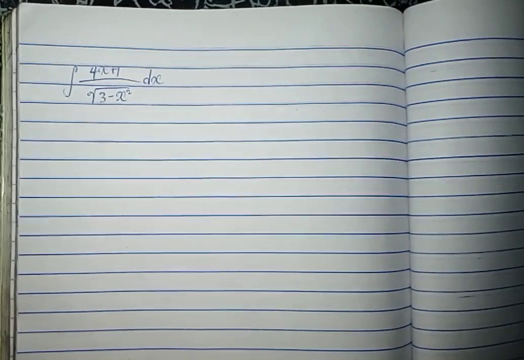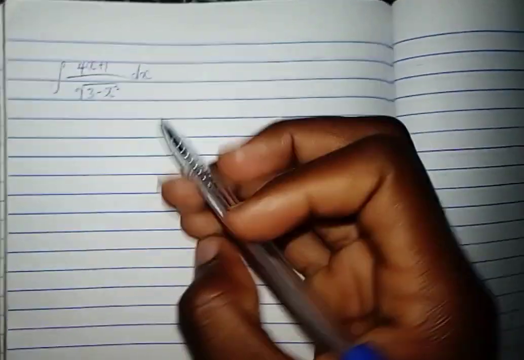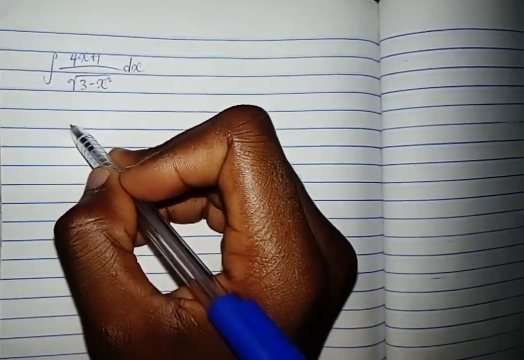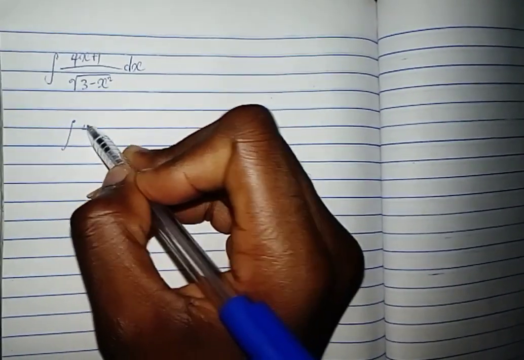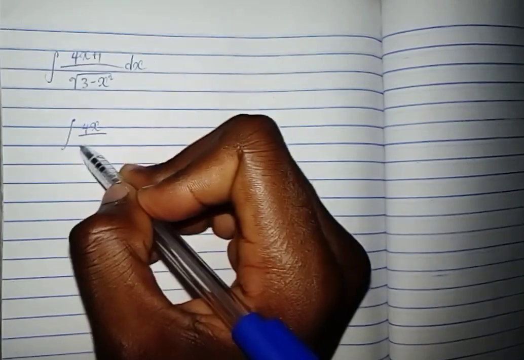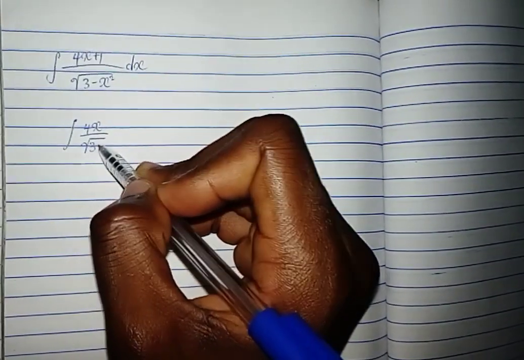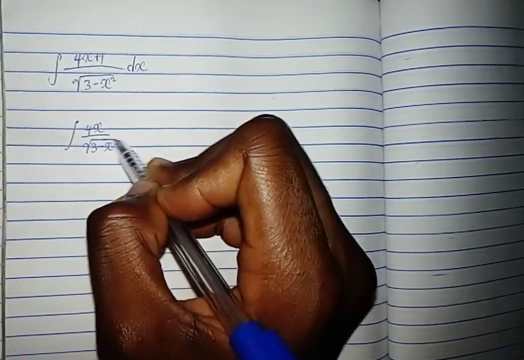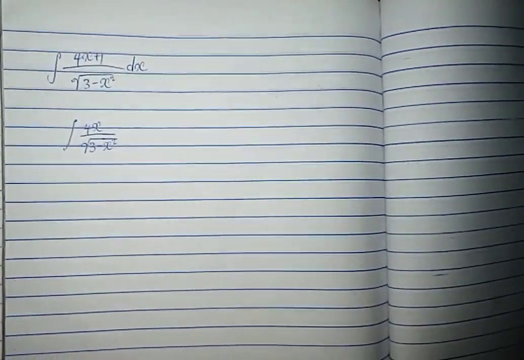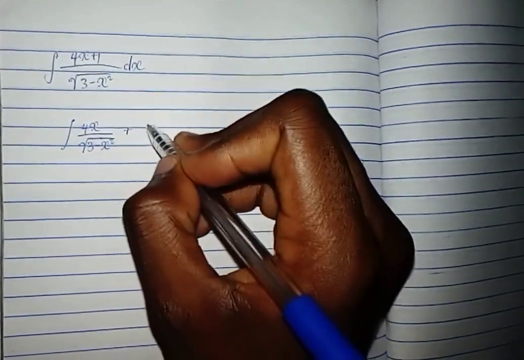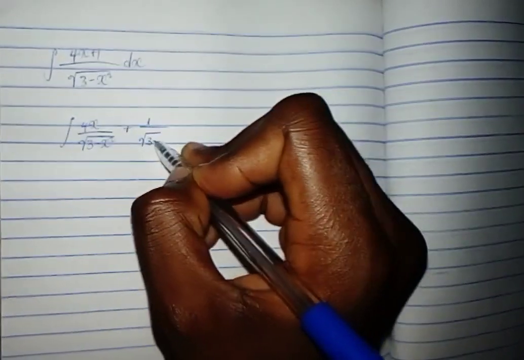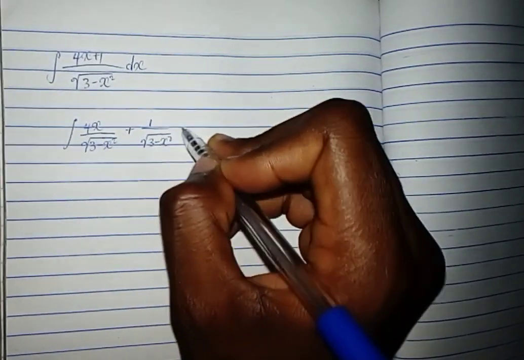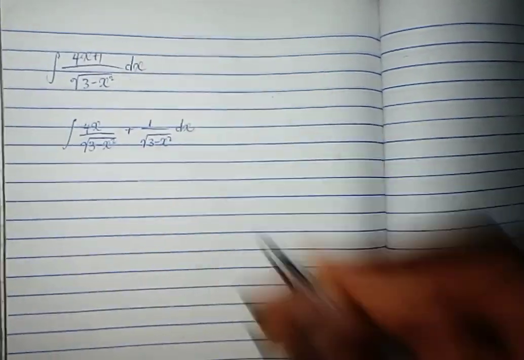First of all, I would love to let you know that we can actually break this down by saying this is the integral of 4x over the square root of 3 minus x squared plus 1 over the square root of 3 minus x squared, then your dx.